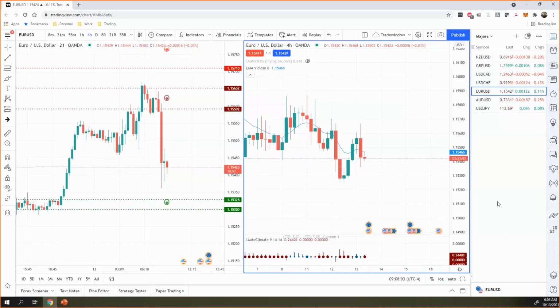Now the third one, where do we enter? Which, of course, comes with where do we exit, and where do we exit if we're wrong? Meaning, where's our entry, where's our stop, and where's our target or targets? Those are the questions you always need to ask yourself before you even look at trading.